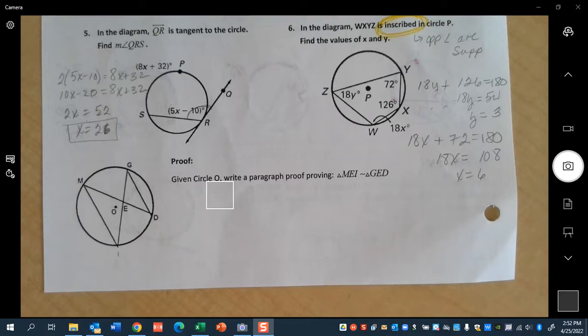So instead of having you come in for the retake, quality corrections can earn half credit back. So if you got 10 wrong, you can earn 5 points back just by doing a good job on your corrections. I had people at my door today waiting to come and talk to me about corrections. Come and ask me, it takes 10 minutes, 5 minutes in the morning. If you're like, I can't get this one, can you please explain it? Because I'm not giving you points on corrections that aren't correct.